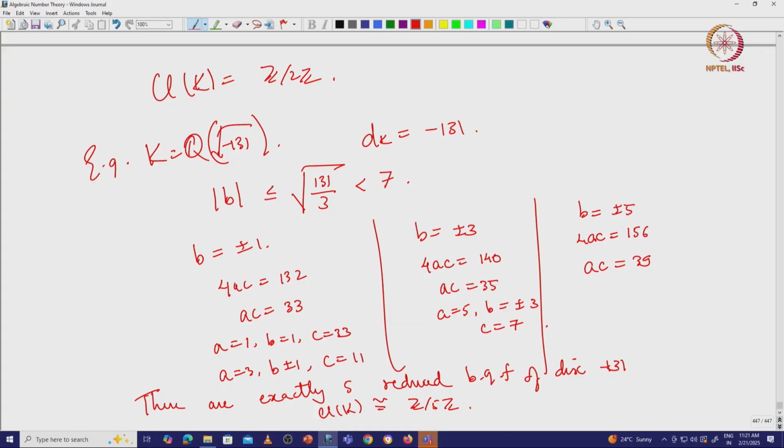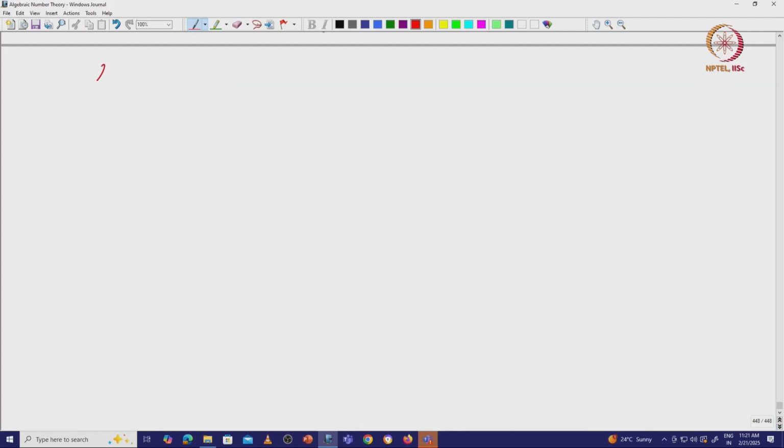Maybe there is not enough time to start the proof of the theorem, so let me do one more example, an even bigger one. So k is Q square root of minus 229.